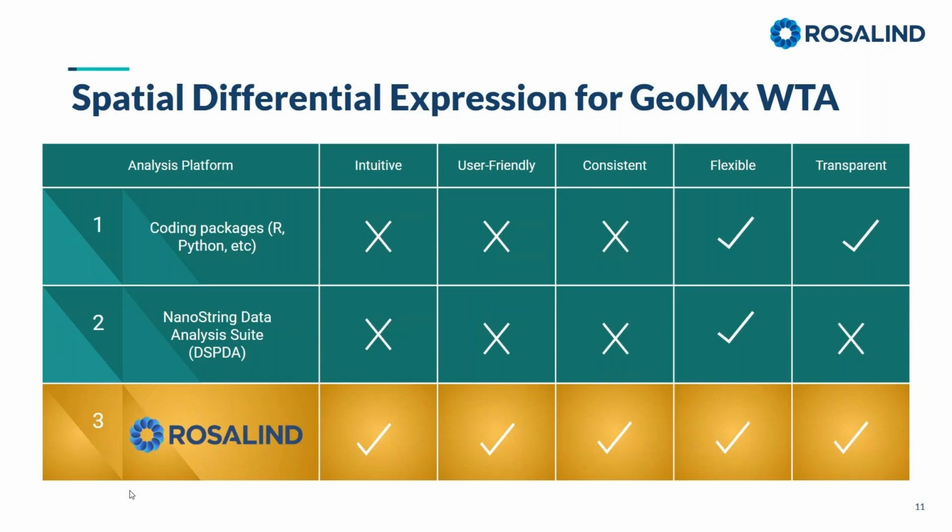So the steps that Rosalind has taken, and what we're going to talk about today, allow an intuitive, user-friendly, and consistent, as well as flexible and transparent, way to apply a spatially oriented differential expression model to your data set that you can feel confident in every time you run a comparison.